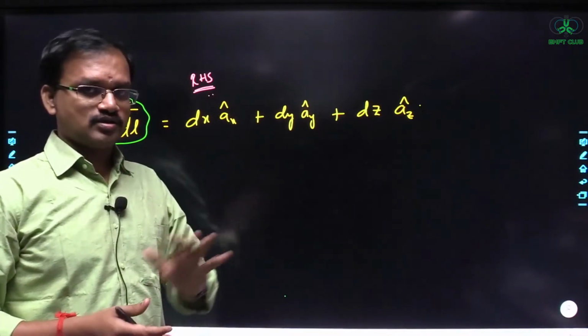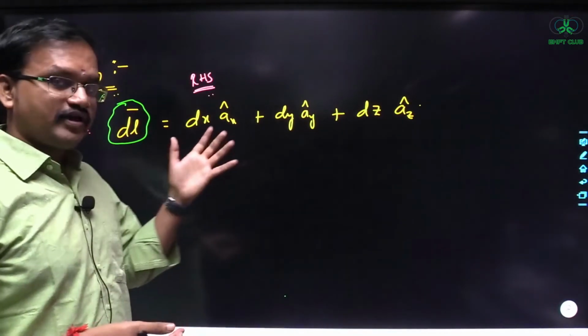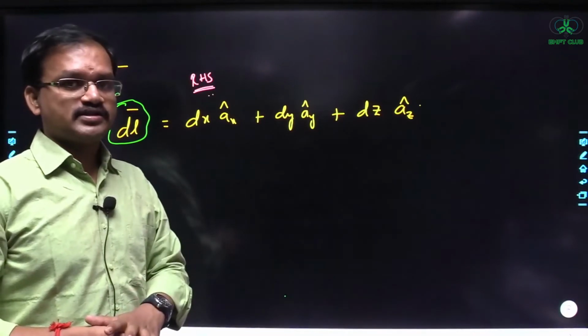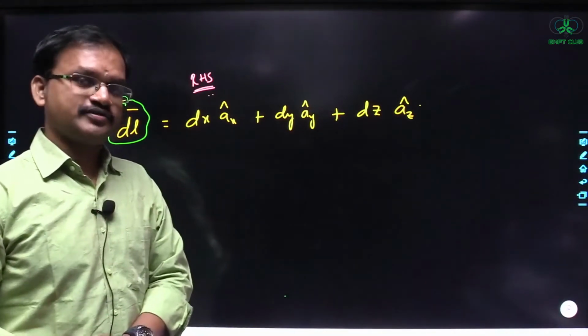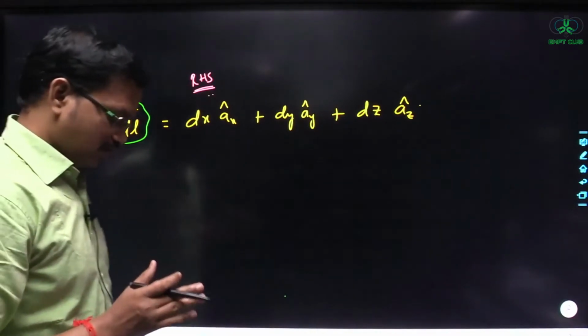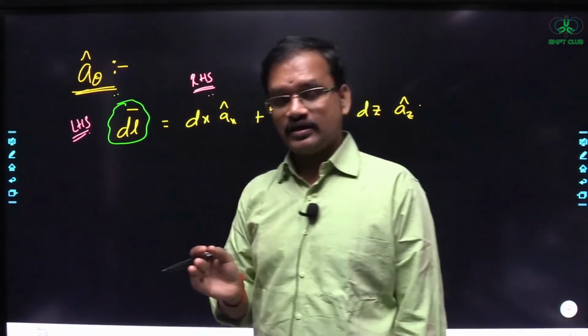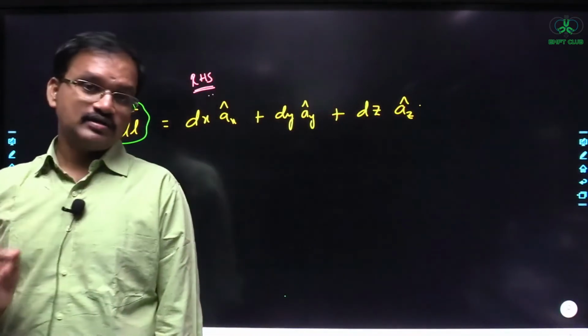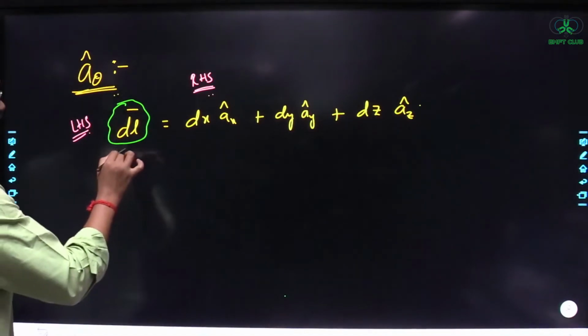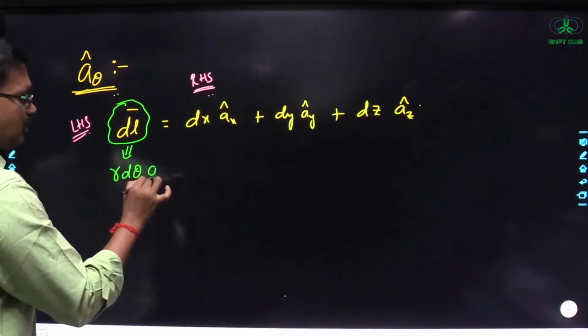Whenever I say the differential length by varying theta, by default you have to understand that r and phi are constant. So what is the differential arc length that we are going to get by varying only theta here? It is nothing but r d theta a theta cap.